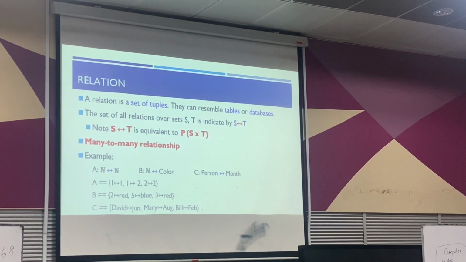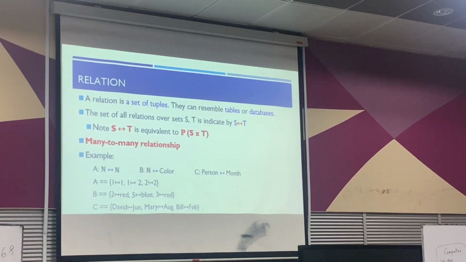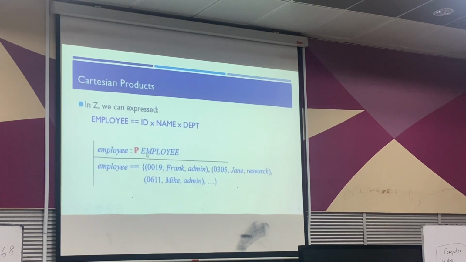So how do we change that? One of the structures that you are going to use a lot in your Z schema is called a relation, or binary relation. Normally I just call it a relation. So just now, here, employee, this one is a power set.